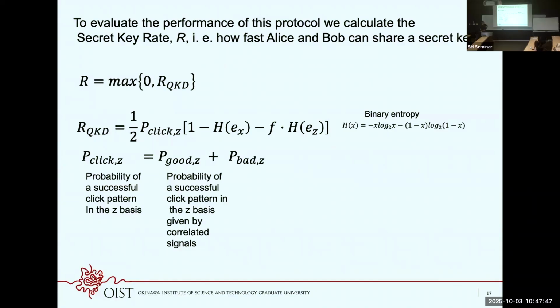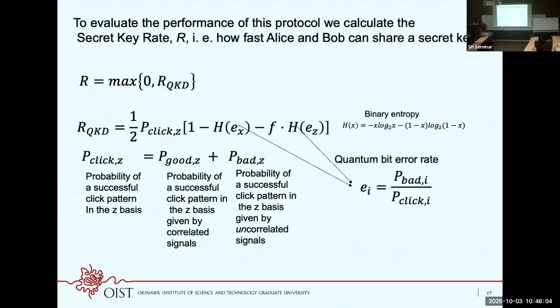The probabilities in the Z basis are given by correlated signals, and P bad is given by uncorrelated signals.